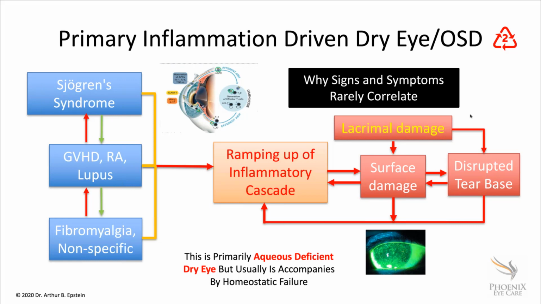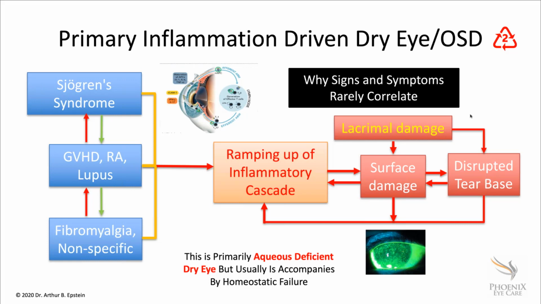But here you have the patients who have autoimmune disease, and autoimmune disease eats the cornea and the lacrimal glands and the surface of the eye the same way it eats the joints of an arthritic person, or the skin of a person with scleroderma. It could be Sjogren's syndrome specific to the eye. It could be graft versus host. It could be rheumatoid arthritis, lupus. It could be nonspecific, minor.